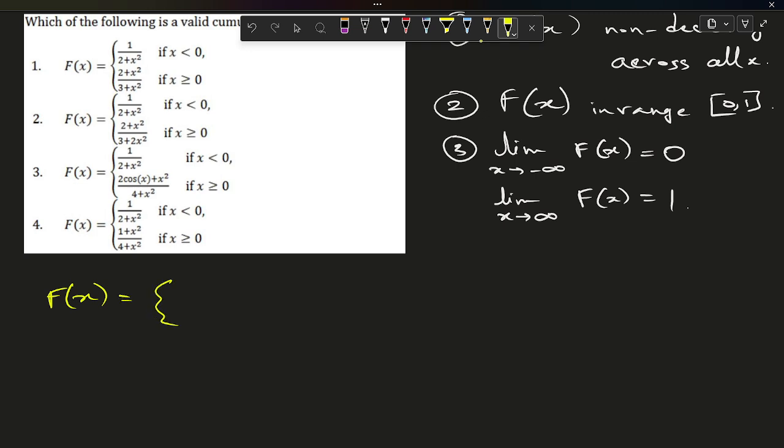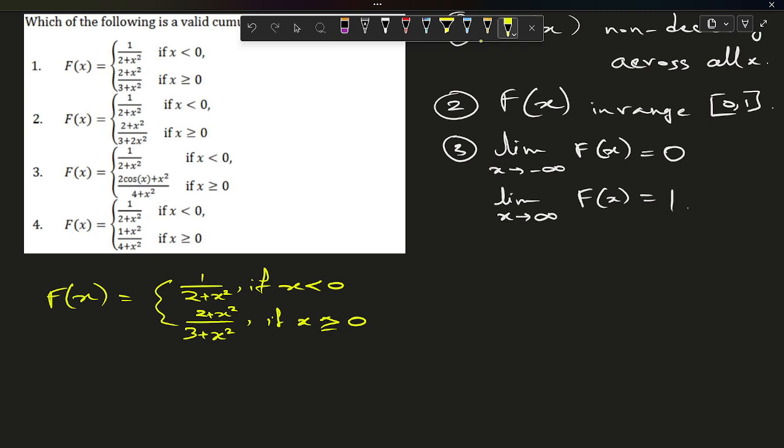F(x) equals 1 by 2 plus x square if x is less than 0, and 2 plus x square by 3 plus x square if x is greater than or equal to 0.